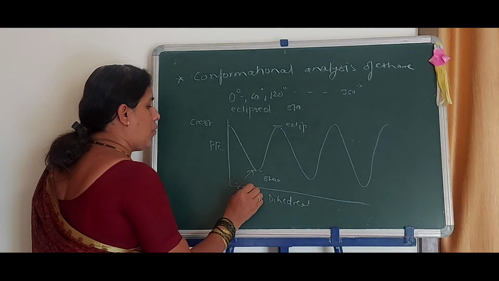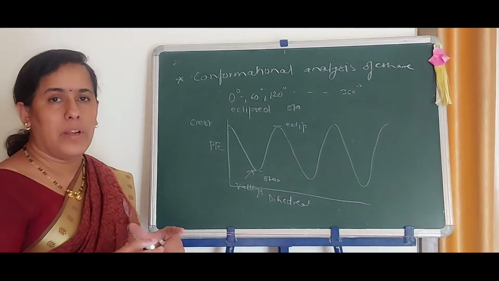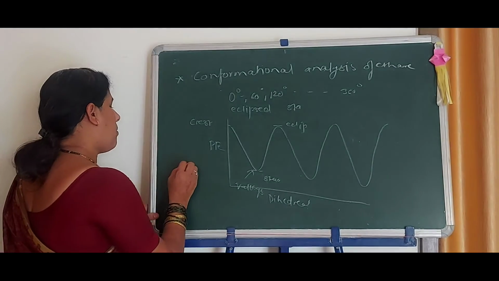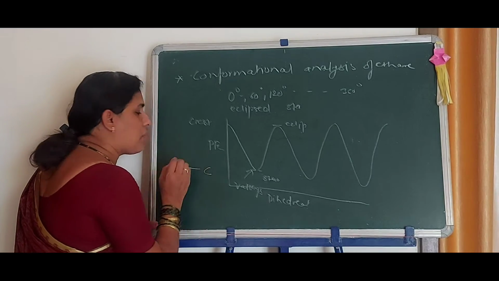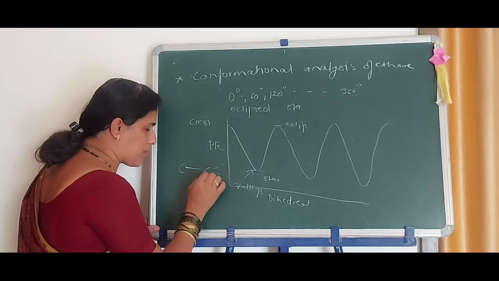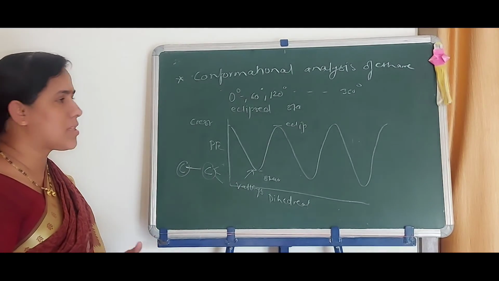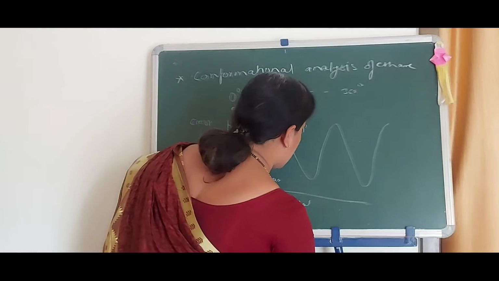But due to the attachment of the other groups to this carbon atom and this carbon atom, free rotation about the carbon-carbon bond is not possible, so there occur certain types of strains.